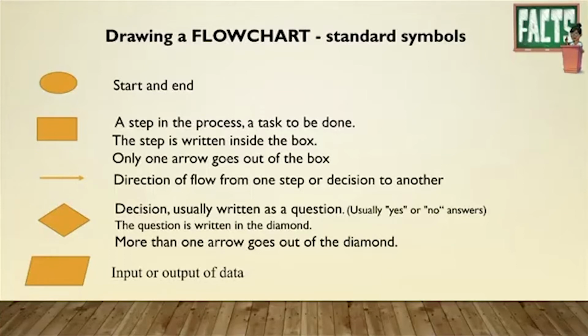So the rectangle is used for the process, for the task that is to be done. And you write the steps in the box, and only 1 arrow goes from the rectangle. On the other hand, the diamond, where we have our decisions, more than 1 arrow goes from the diamond, right? Usually the decisions are yes/no questions, and you write the questions in the diamond.